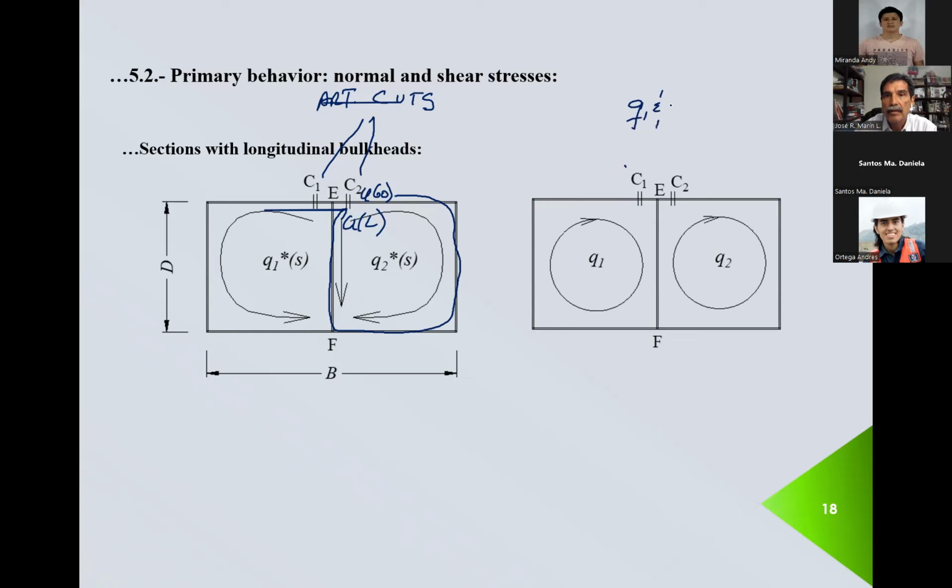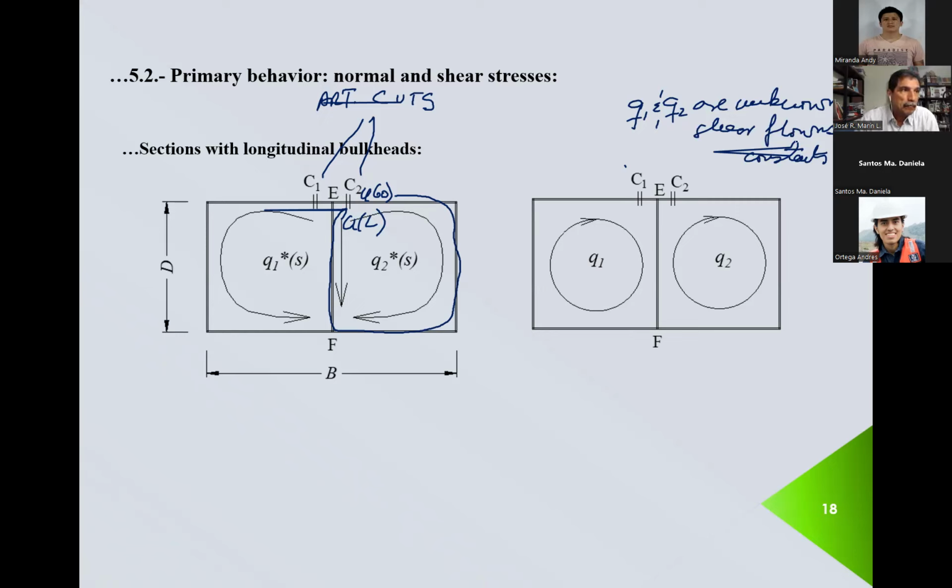Q1 and Q2 are unknown shear loads, and they are constants.